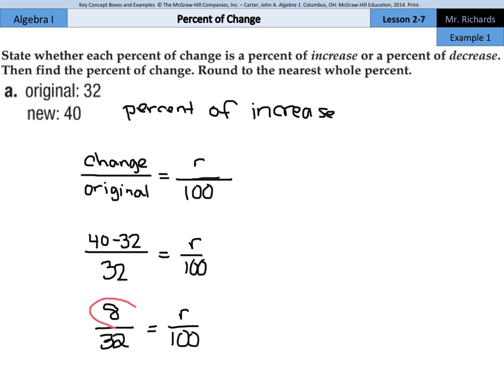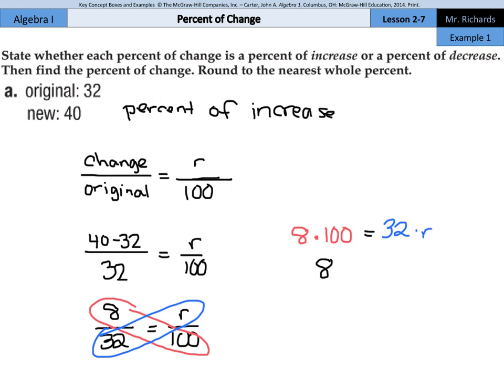And if I use cross products to solve, R times 100 is going to be equal to 32 times R. 8 times 100 is 800. 32 times R is 32R.